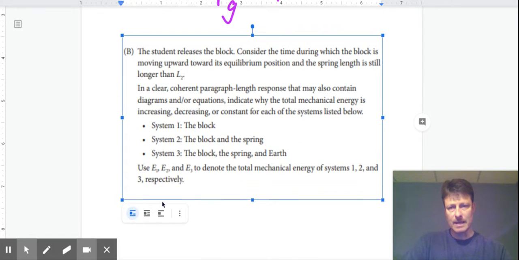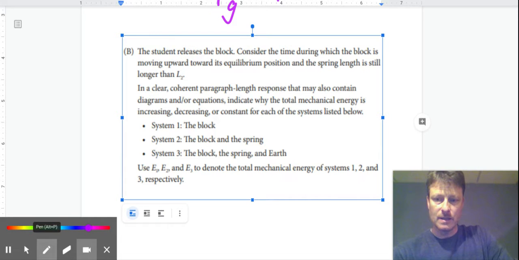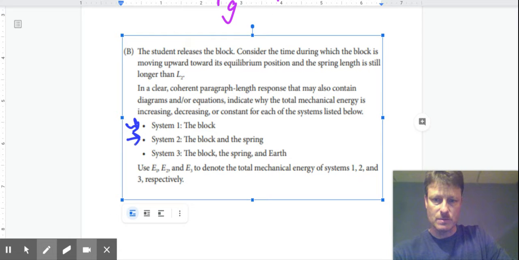Then it says in a paragraph length response, they're talking about three different parts of the system. System 1 is just the block, system 2 is the block and the spring, and system 3 would be the block, the spring, and the Earth all together.